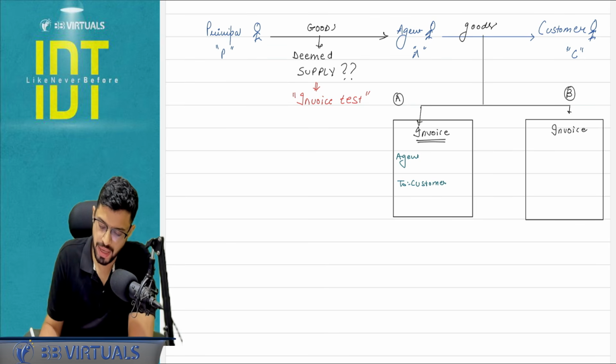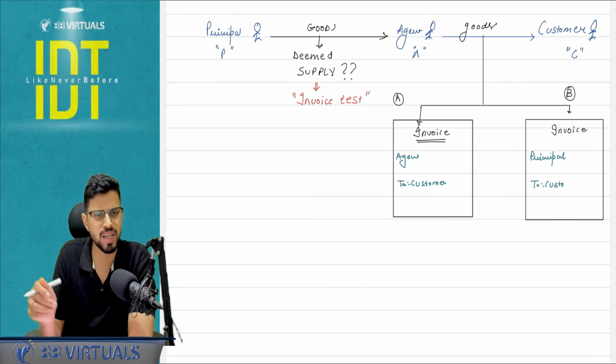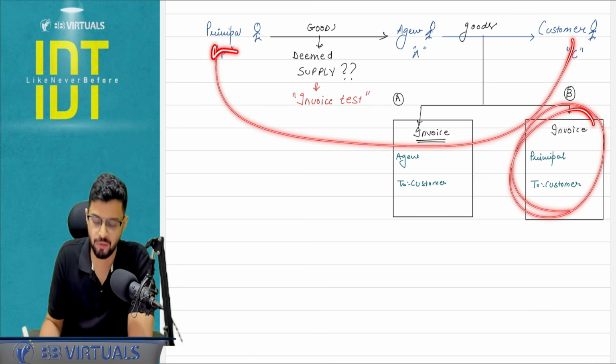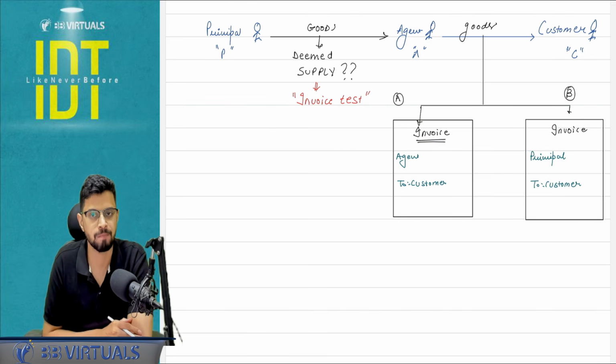And in case number B, the invoice is issued in the name of the principal to the customer. The agent is only facilitating the transaction here. The payment is going to the principal. The invoice is directly in the principal's name.